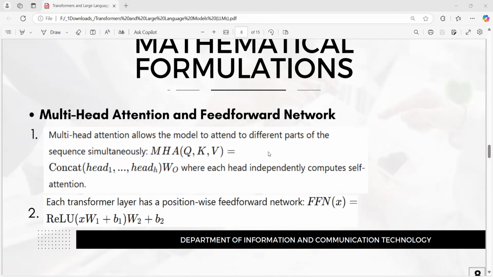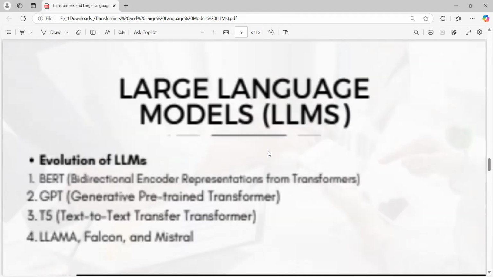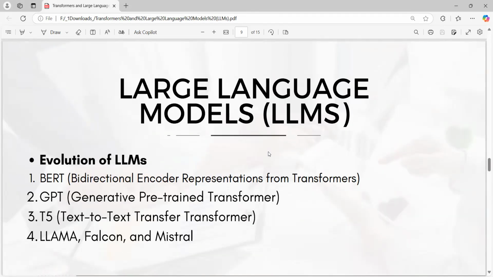And moving on to large language models, LLMs. As we discuss the definition, we have a basic idea of what LLMs are. One thing we need to take into consideration is how the evolution of LLMs took place. First is BERT, Bidirectional Encoder Representations from Transformers, which uses bidirectional transformers for masked language modeling.